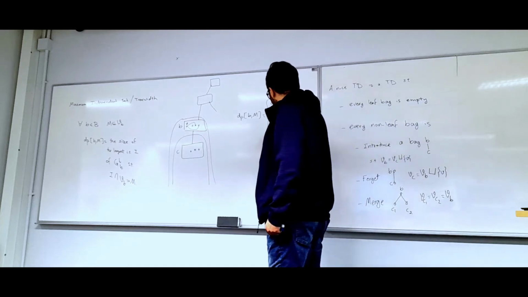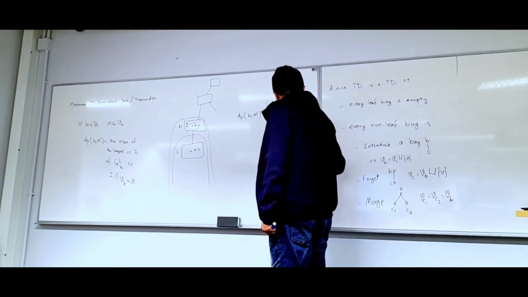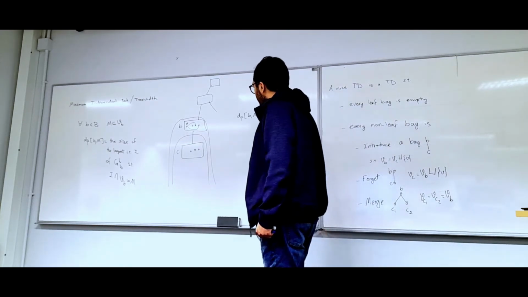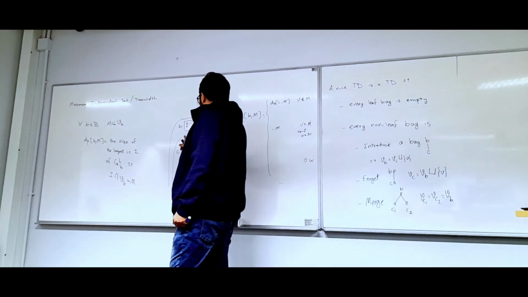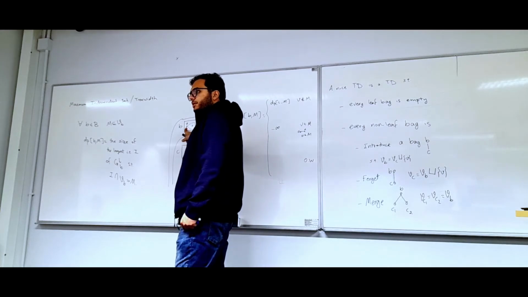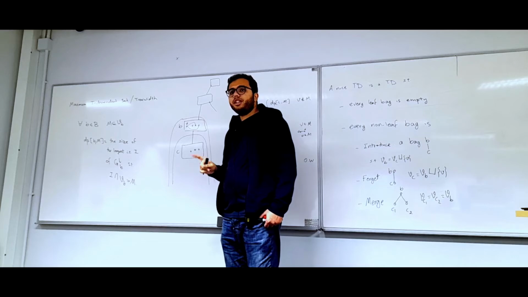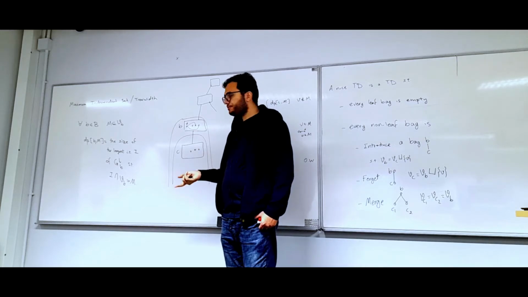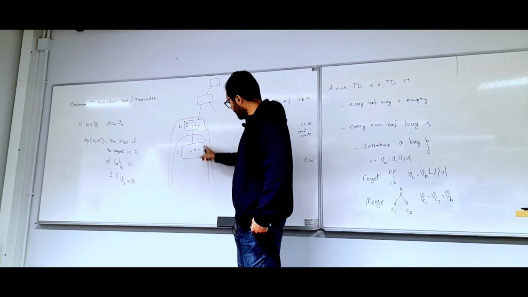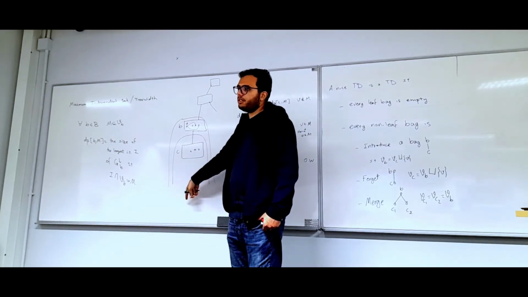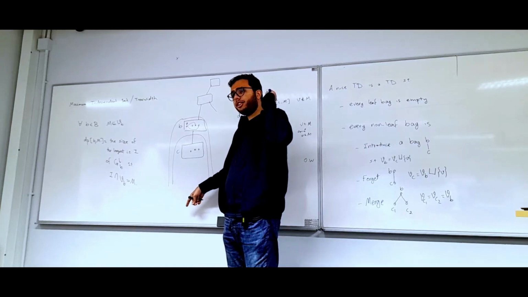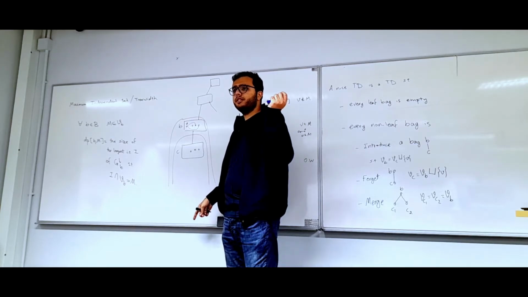Now, what if I don't have that case? So what is my other case here? So I know that V is going to be in my independent set, and I know that none of the neighbors of V are in my independent set. So again, I can just take an independent set from the previous graph, and none of the neighbors of V are in it.